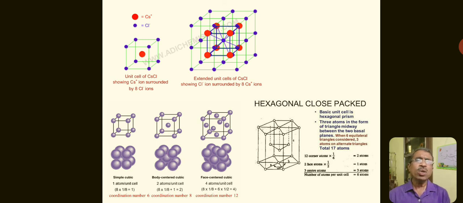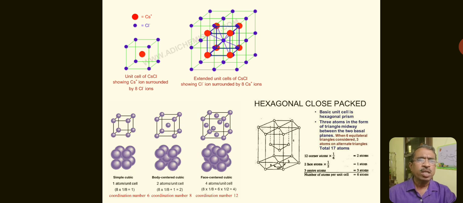In hexagonal close packed structures, here also we have given. So there are totally 12 atoms, so 12 into 1 by 6, so it will be 2 atoms at the axis.